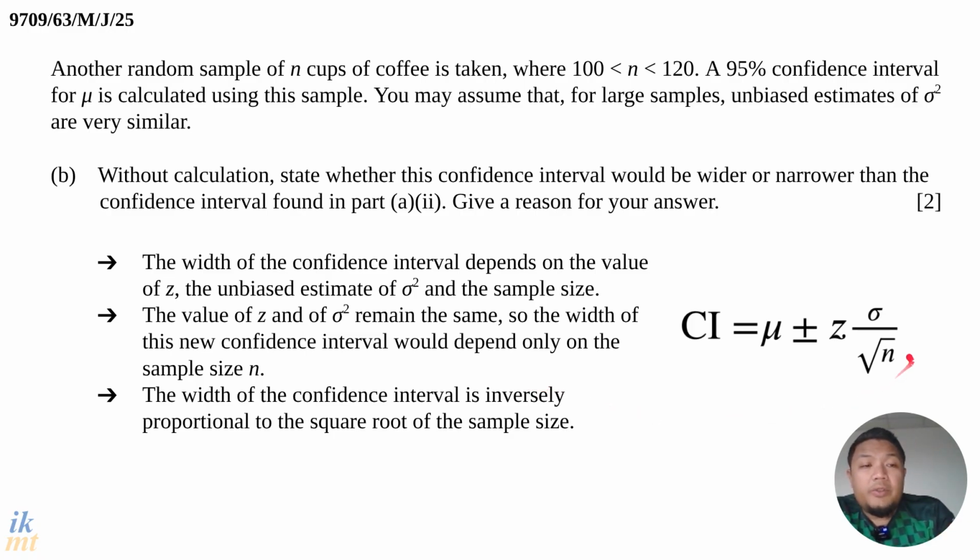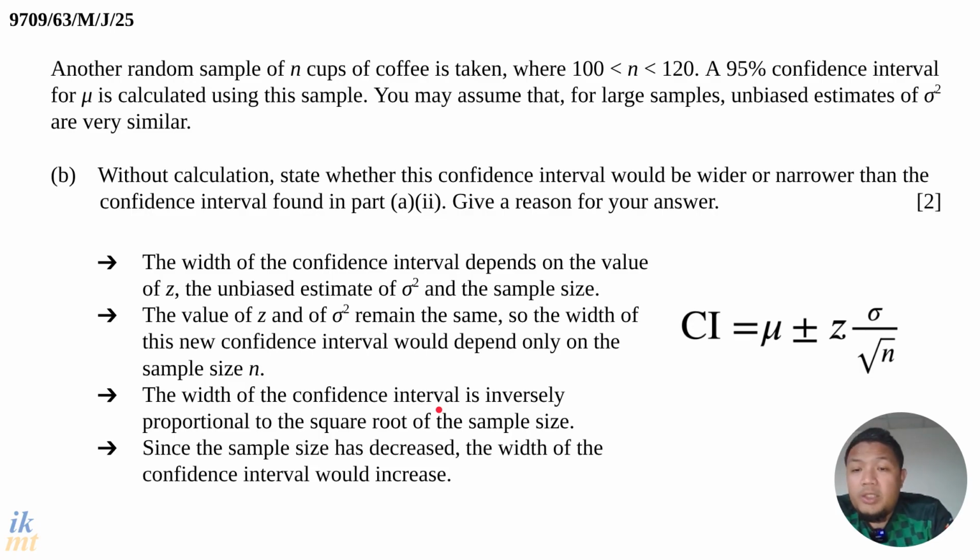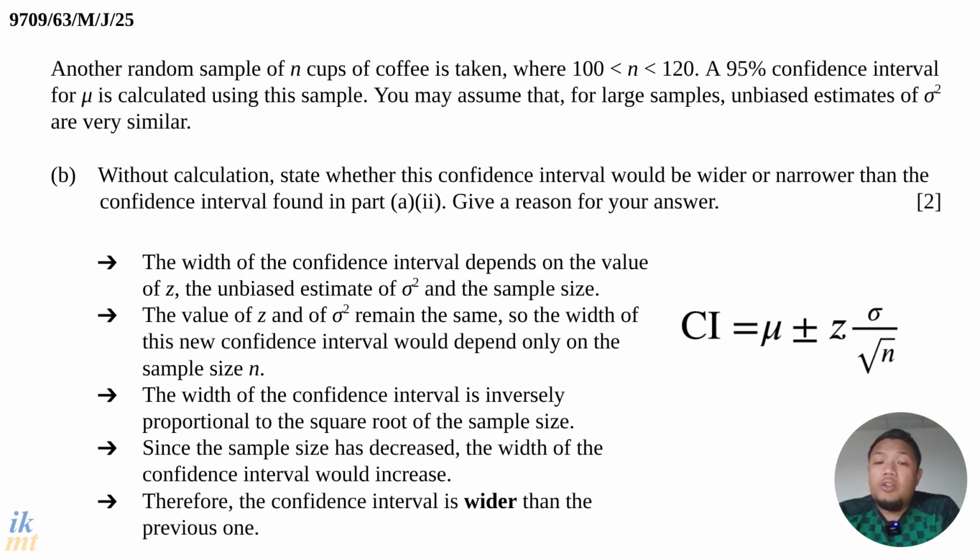Therefore, if you increase the value of n, then the width of the confidence interval would be narrower, and if you decrease the value of n, then the width will be wider. So since the sample size has decreased, the value of n has become smaller, the width of the confidence interval would increase. And so we can conclude that the confidence interval for this new sample is going to be wider than the previous one.